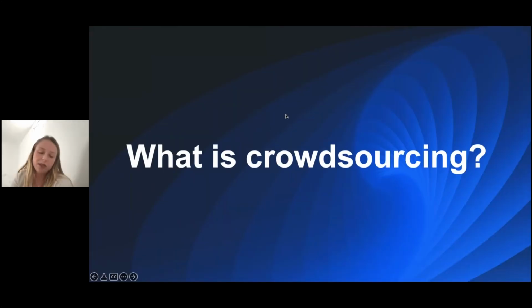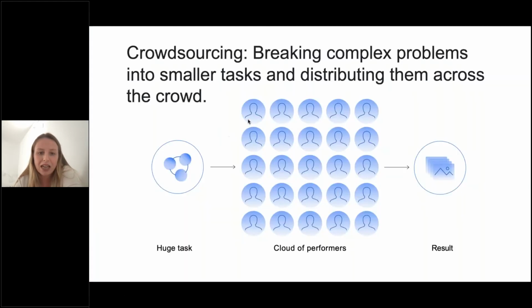So, talking about the problems, now I would like to talk more about the solution that could help us with the problems we just saw. Crowdsourcing is one of the solutions that could be proposed to solve this data labeling problem. And what is crowdsourcing?